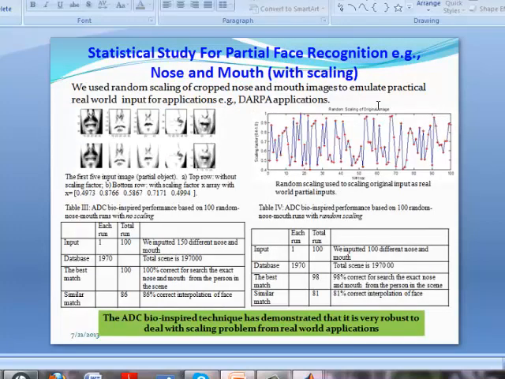So far we only showed you no scaling, but in the real world we are dealing with objects where the database objects have some kind of discrepancy in resolution and scaling. On the left hand side, I show you no scaling, the first file, how the picture looked. With random scaling, you see the resolution changed.